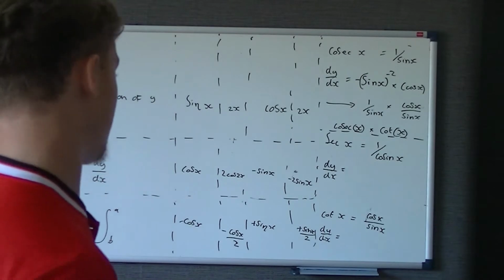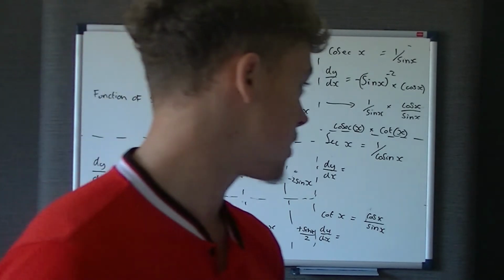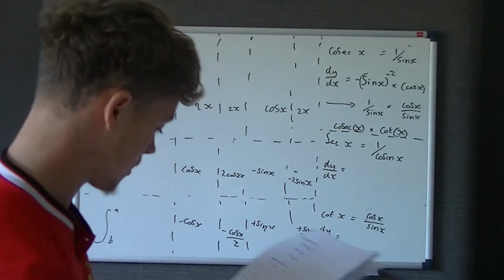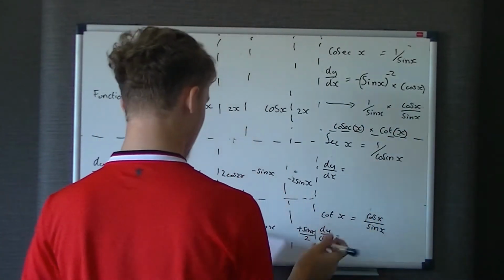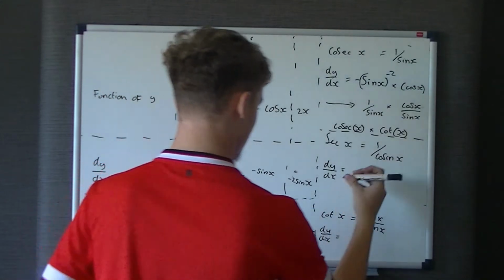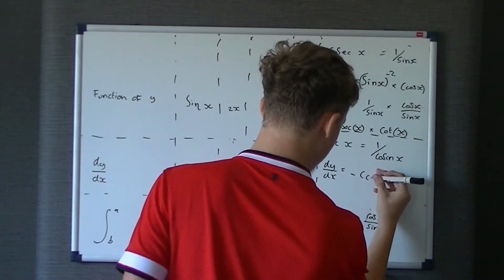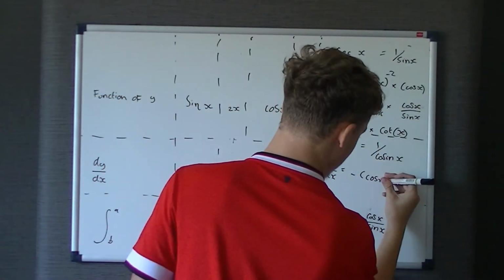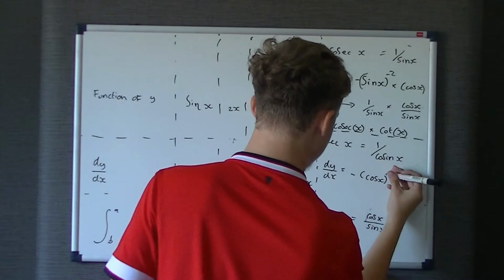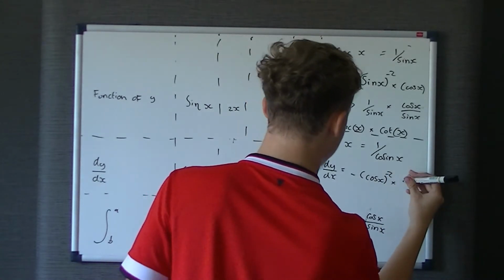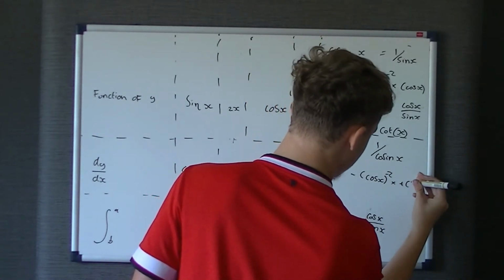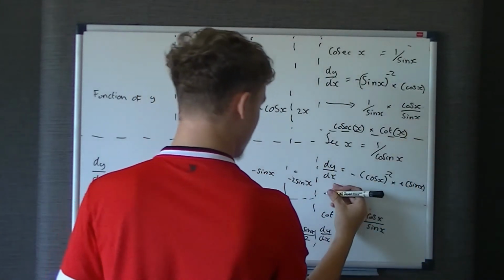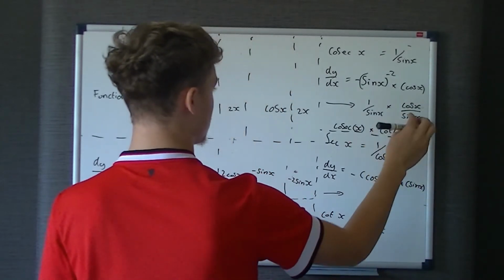Right, so sec x is 1 over cos x, so that's cos x to the minus 1. We do the same thing as this, but the opposite. Instead of putting sine x there, we put cos x to the minus 2, and we times that by positive sine x on its own, and we just do the same method we did up here, but for cos x on the bottom instead.